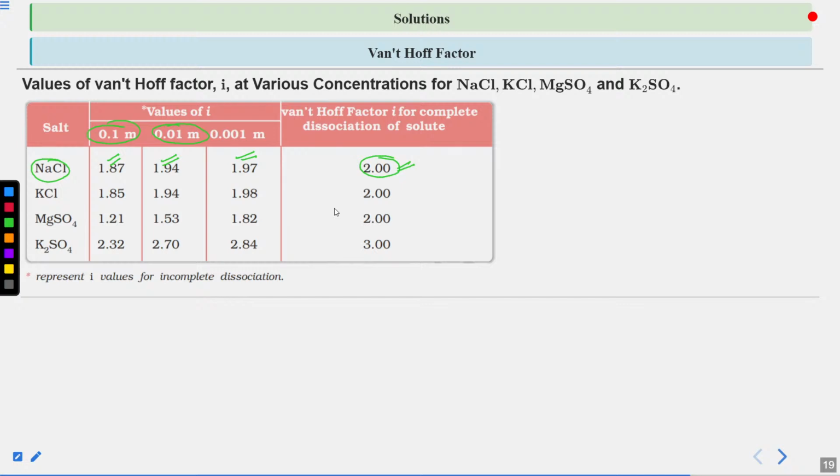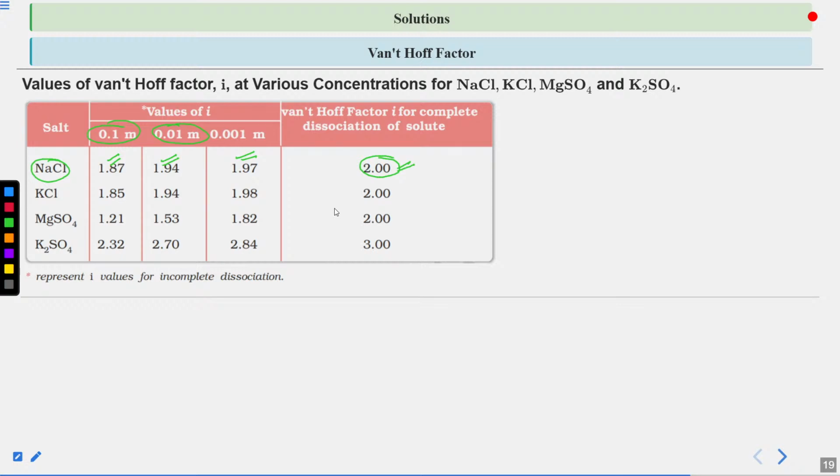Now, as we increase the concentration, the value keeps moving away from this ideal value. But as we decrease the concentration, it will move closer to this value of 2.